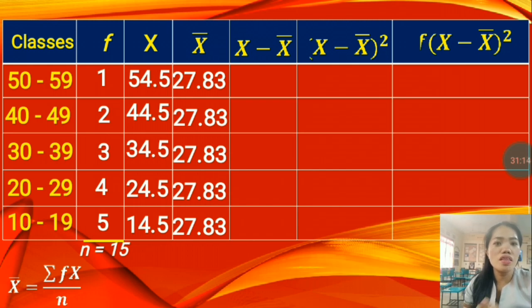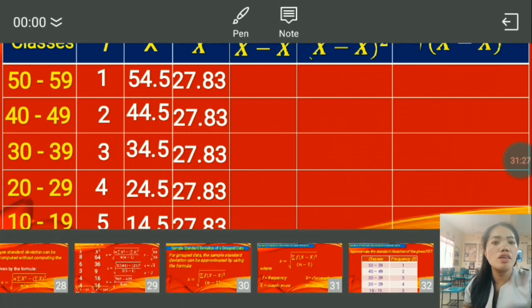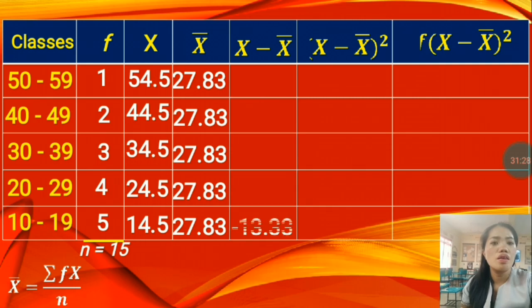We just get the summation of fx, then divide it by the number of cases, or the sample size. Our mean is 27.83. So we will be writing 27.83 on the sample mean column.